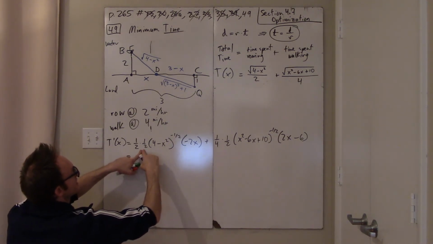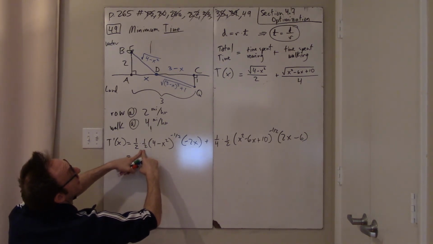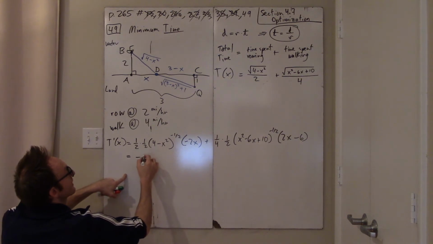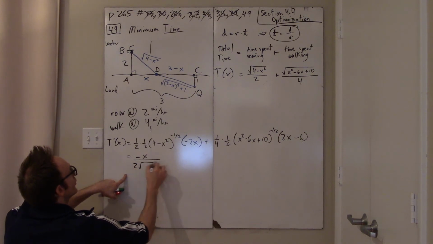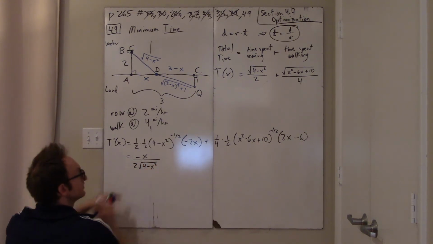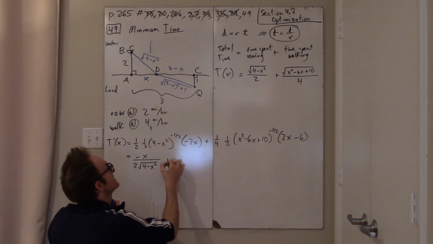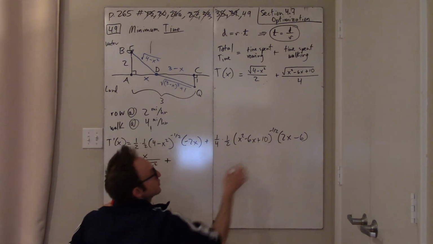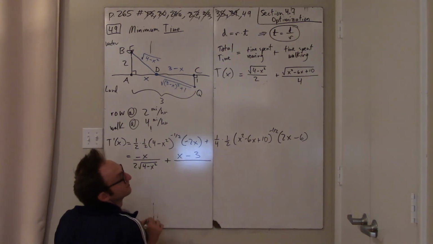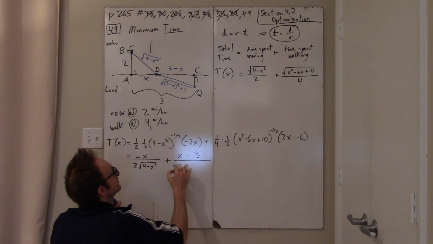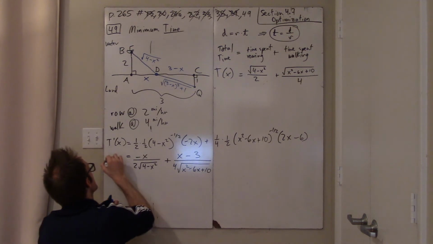Negative 2, so that's, okay, so I get negative x over 2 root 4 minus x squared plus this 1/2 cancels the 2 there, and so I'm going to get x minus 3 over 4 root x squared minus 6x plus 10. So that's my derivative.